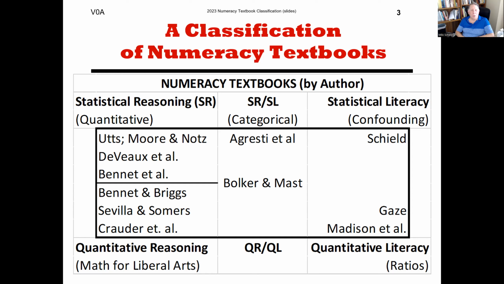Moving to the top row, the statistical textbooks. On the far left, those that focus mainly on the quantitative calculation side a bit, but they have a little bit more emphasis on the reasoning side, more on concepts. Take the top set, Utz, Morin Nuts, DeVoe.